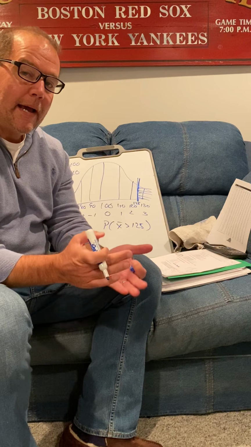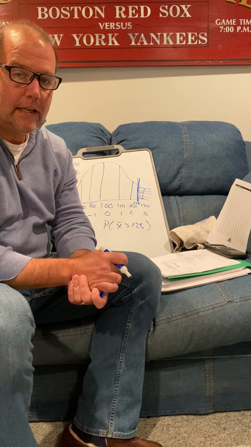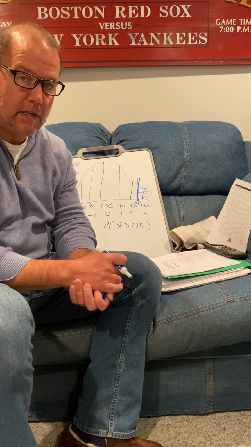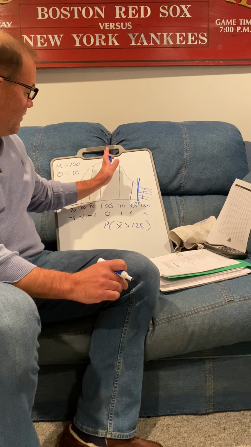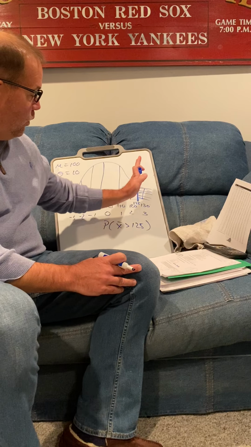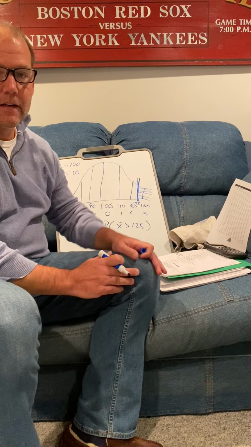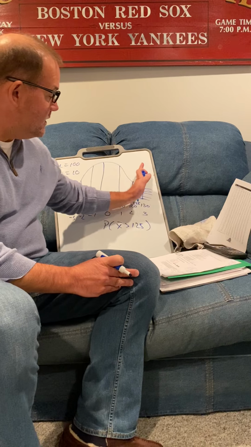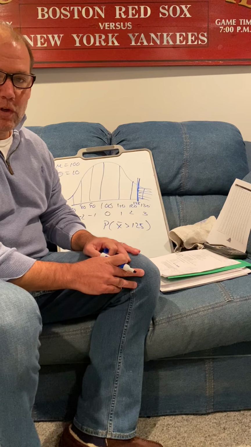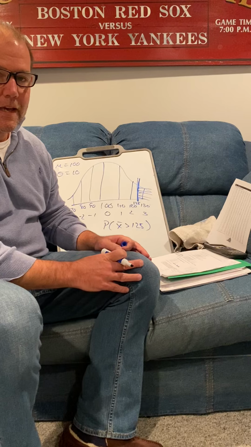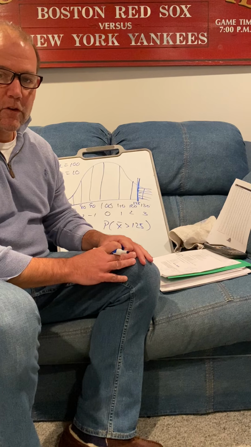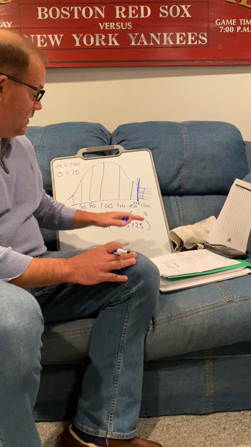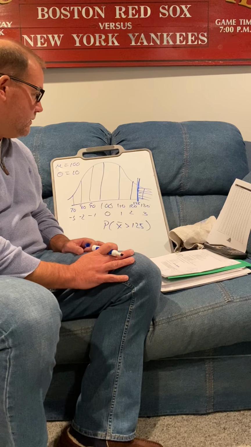The reason why I like to draw the picture is that it gives you an idea of what your answer should be. We know that half the curve is 50%. We only have a little tail area shaded in here, so we know our probability is going to be very small. If you told me this probability is going to be more than 50%, then you're really not understanding what the curve means.